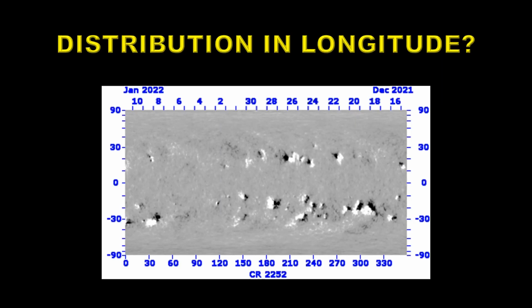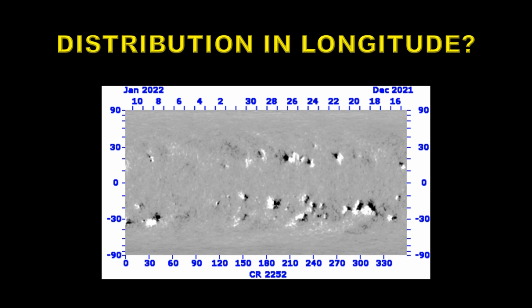What about the distribution of sunspots in longitude? This is a synoptic map of magnetic fields on the sun for January of 2022, showing the southern hemisphere seems to have far more activity than the northern hemisphere. What I've plotted here is one Carrington rotation of the sun and the latitude that each spot group is associated with.